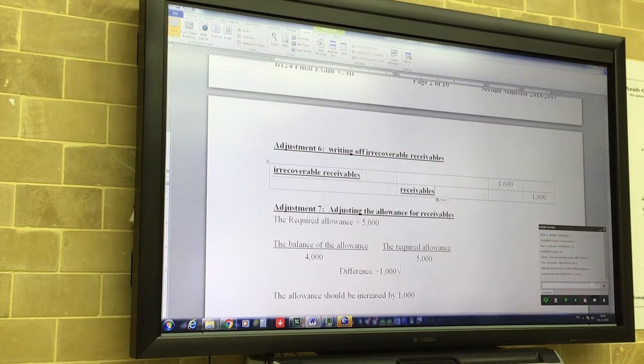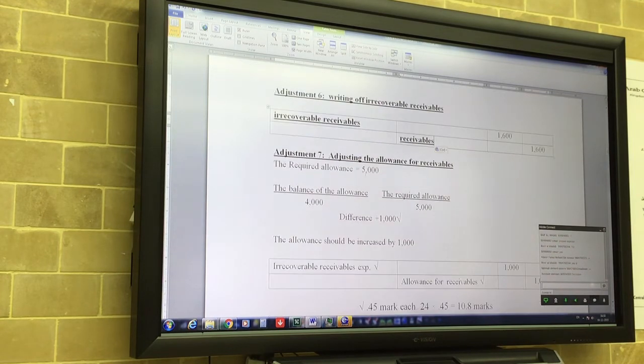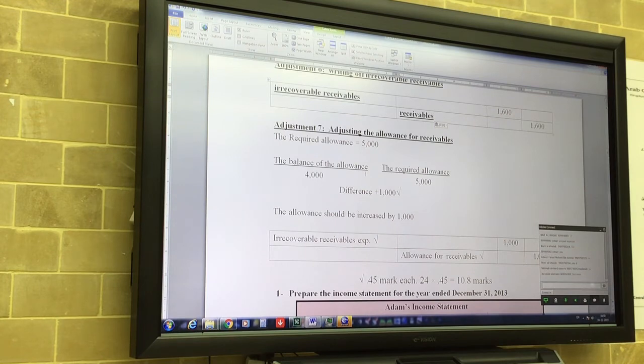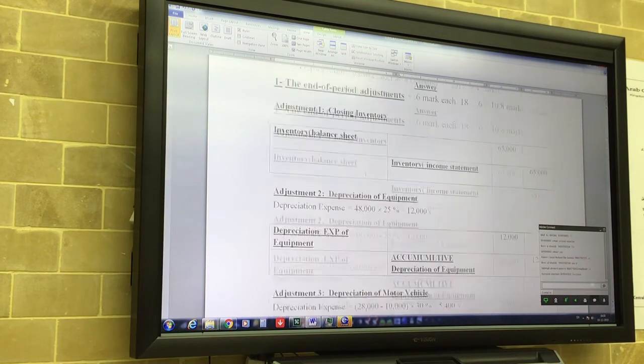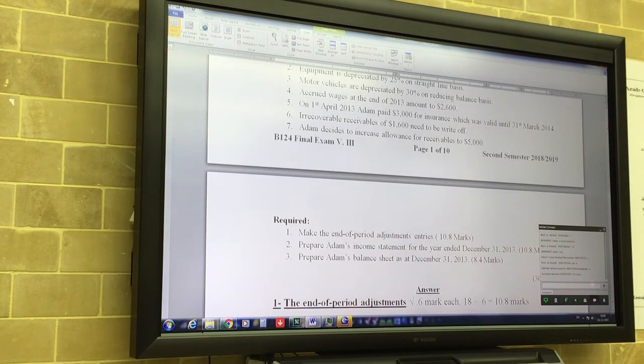Okay, so the last one. He said the company Adam decided to increase the allowance for receivables to 5,000. So we need to know the balance of the allowance for receivables.